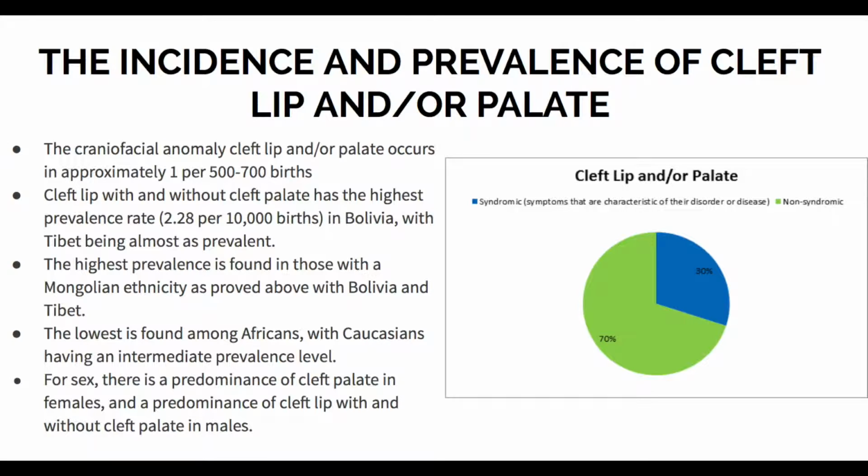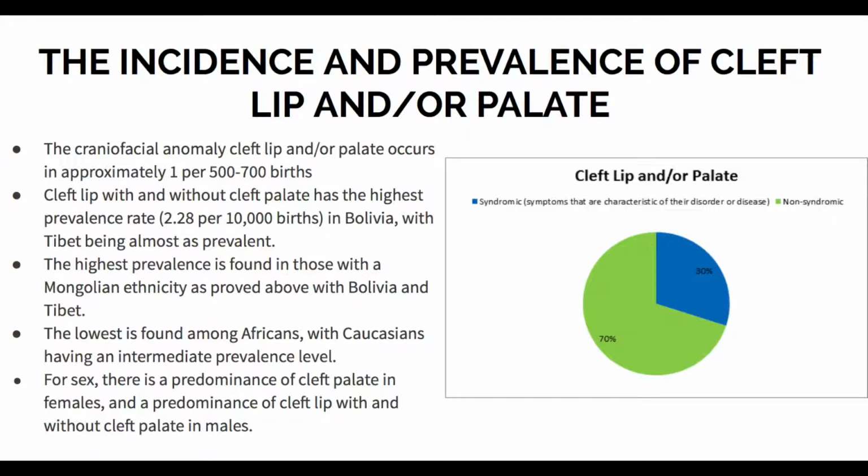Cleft lip with and without cleft palate has the highest prevalence rate in Bolivia, with 2.28 per 10,000 births, with the Mongolian population in Tibet being almost as prevalent. Cleft palate has the highest prevalence in Finland, with 10 to 14 births per 10,000, with Scotland being second with a prevalence of 8 per 10,000.